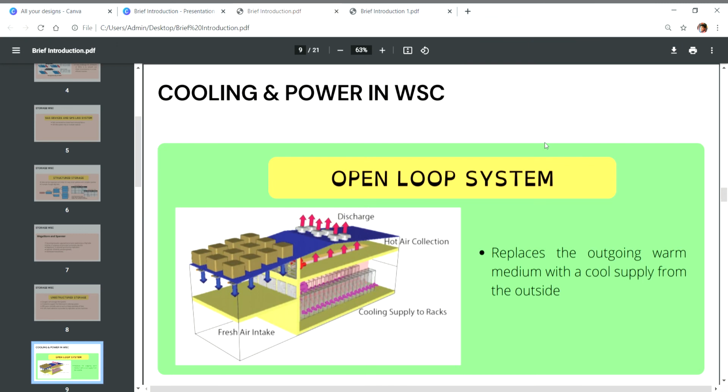For the open loop system, it replaces the outgoing warm medium with a cool supply from the outside, from the bottom part to the upper part of the racks, so that each cycle through the loop uses a new material.